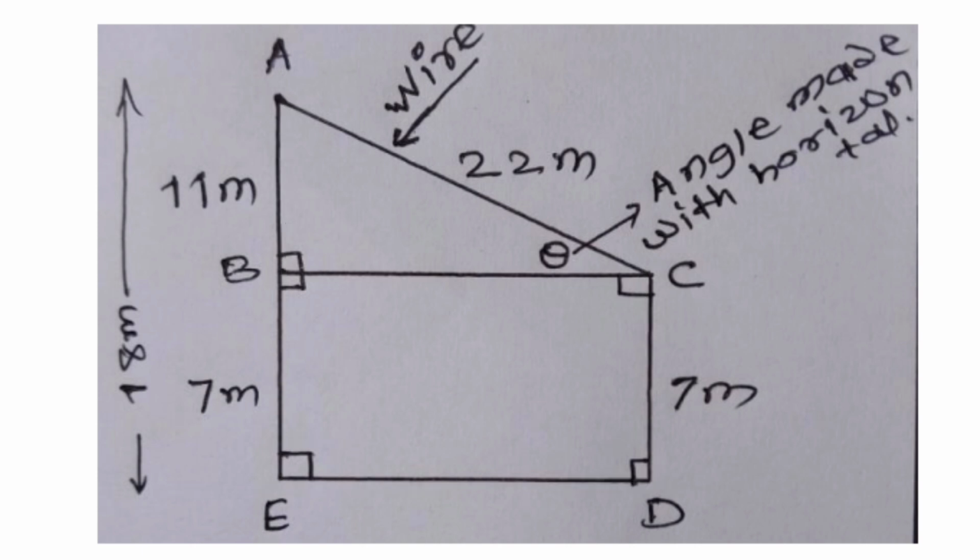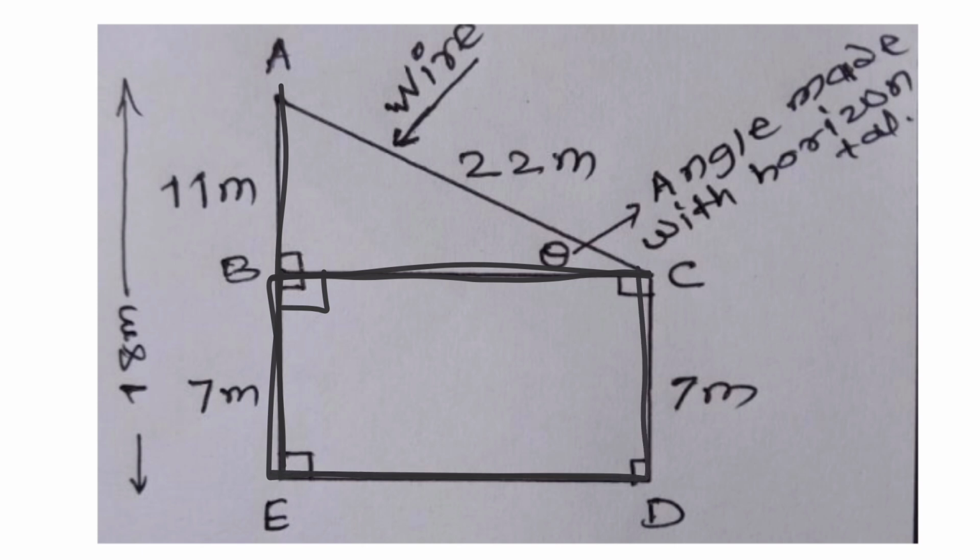Okay. Now from point C we draw a perpendicular on side AE. Therefore angle CBE is equal to 90 degree. Here angle BED is equal to 90 degree. Angle EDC is equal to 90 degree. Therefore the remaining fourth angle BCD is also equal to 90 degree.